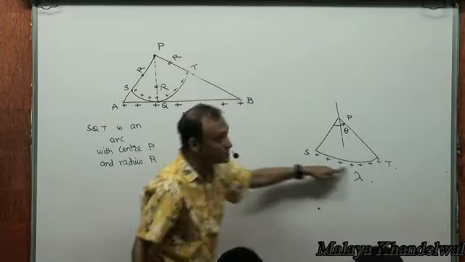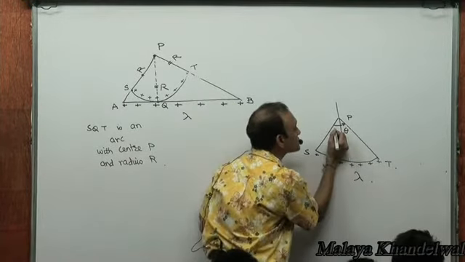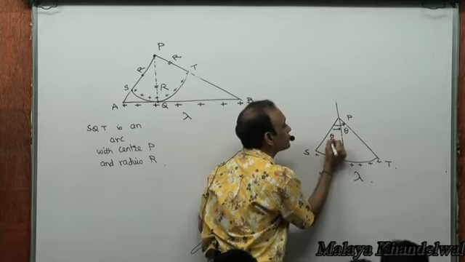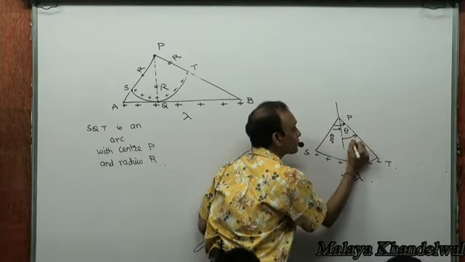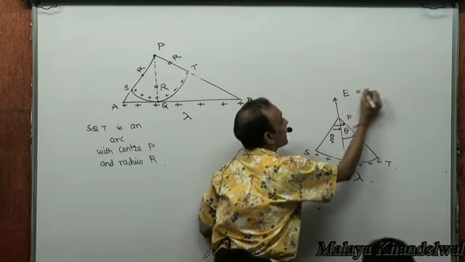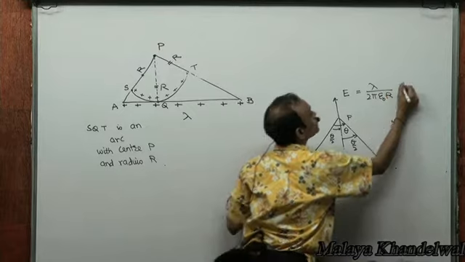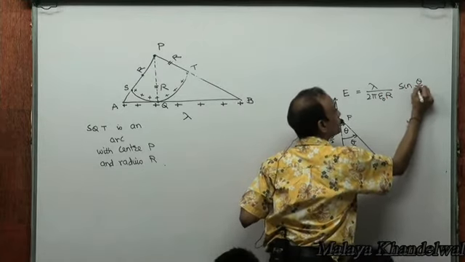Then it's easy to prove that this arc of charge has a field which is like theta by 2 here, theta by 2 here, and this field is lambda by 2 pi epsilon naught r into sine theta by 2. Right? You know this result, right?